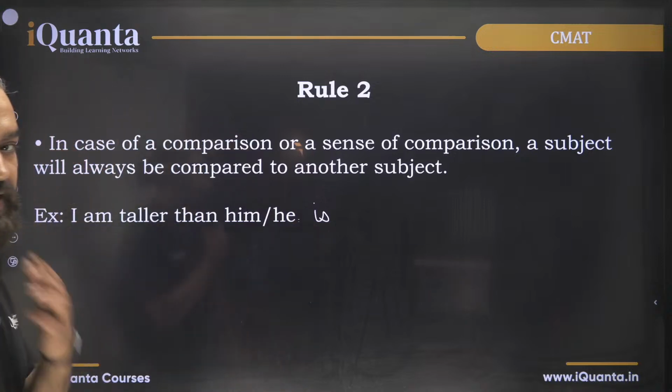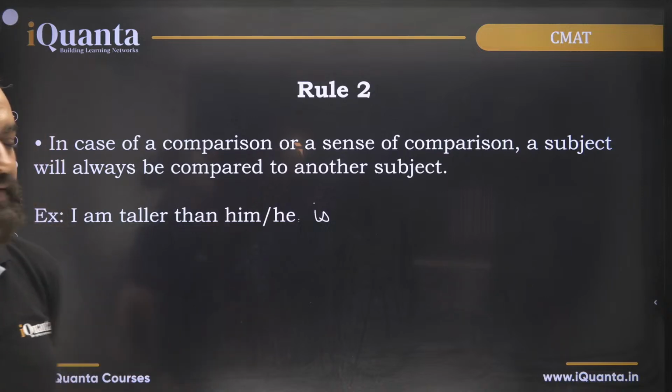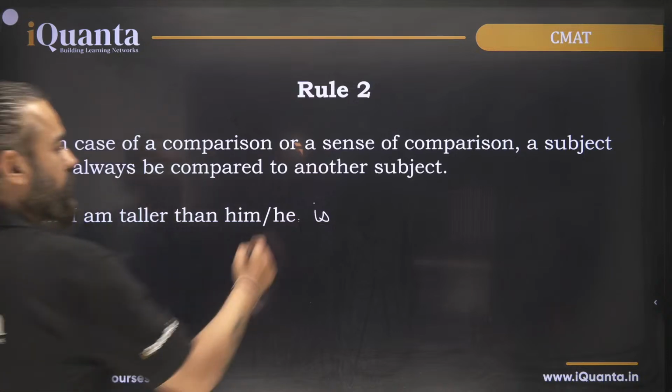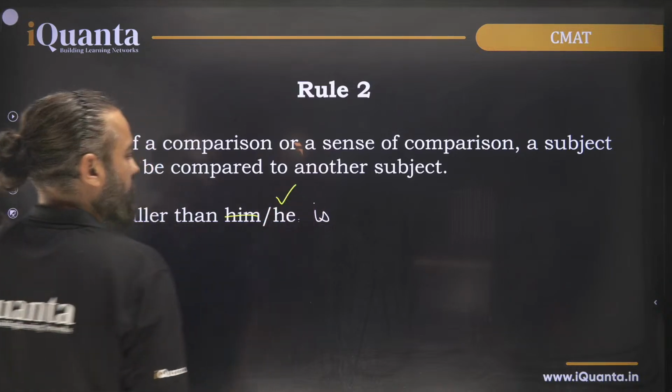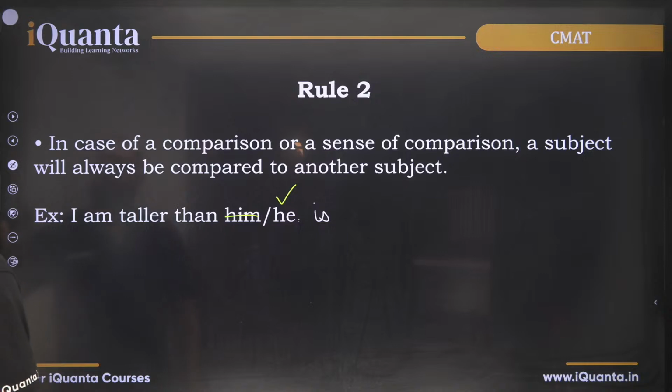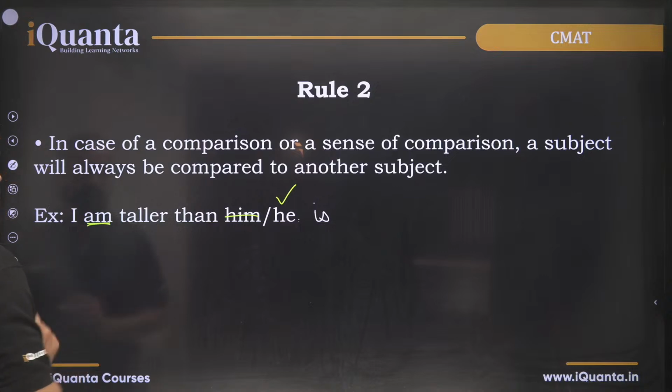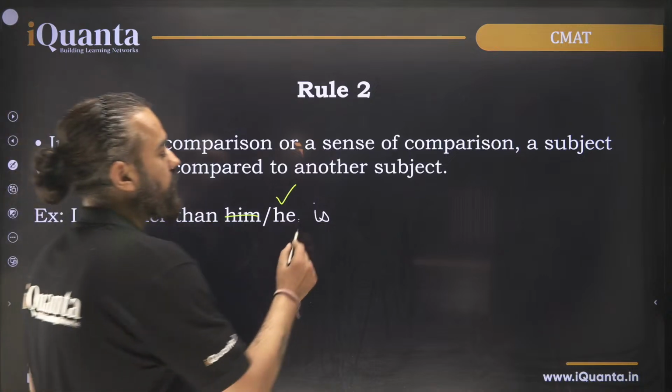Now what do you think is the correct answer? Now this sounds about right: I am taller than he is. But the thing is, if there is one helping verb in a sentence, you don't need another one.